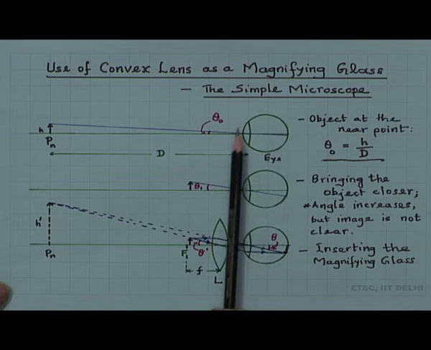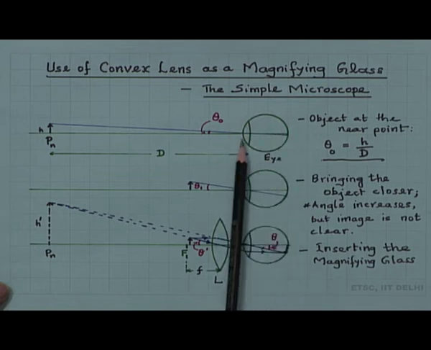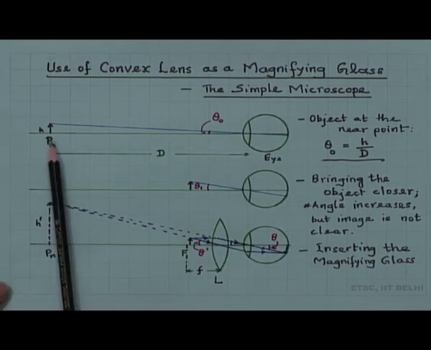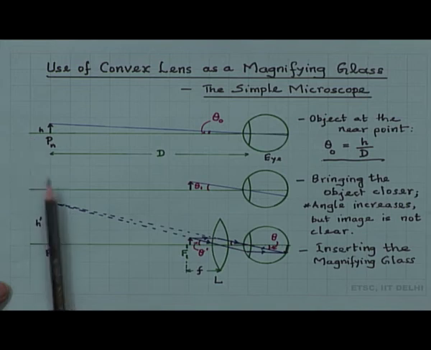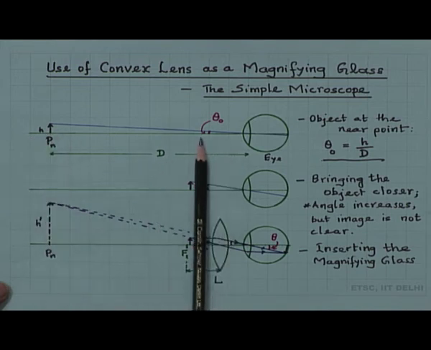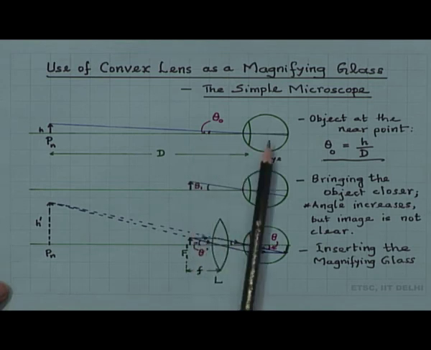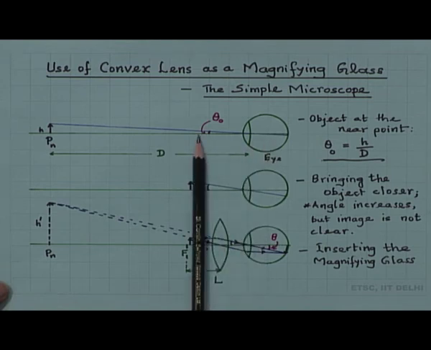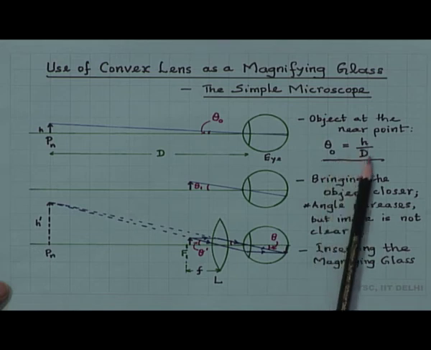What I have shown is the eyeball here with the eye lens, and a small object of height h which is placed at the near point D subtends an angle theta 0 at the eye, which is equal to h by d.